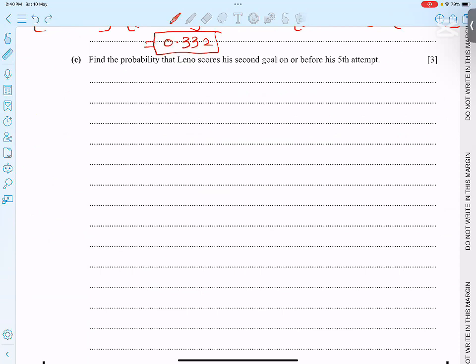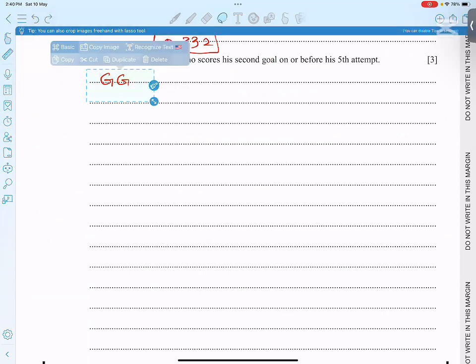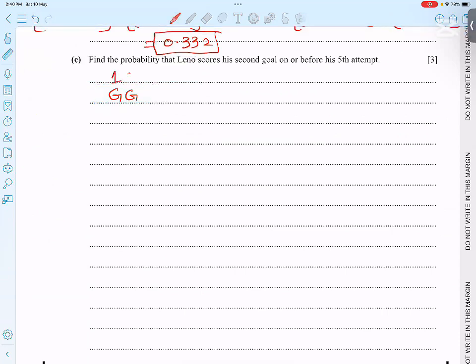He said that the second goal is only possible if he scores the first goal. So, first goal and second goal. First goal happened in the first attempt, second goal happened in the second attempt. So what is the answer? 0.4 into 0.4, basically 0.4 to the power 2. And if we check this answer, it becomes 0.16.